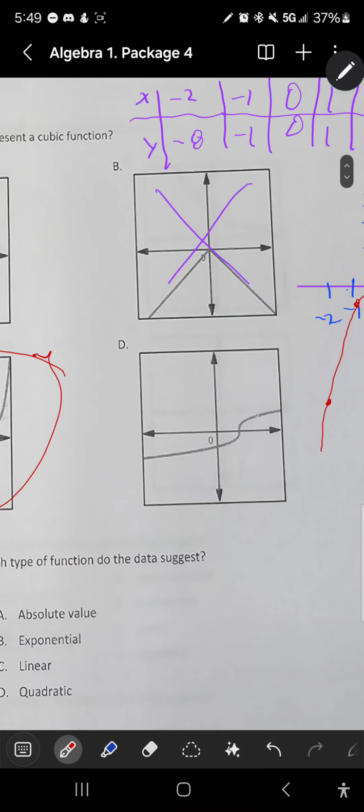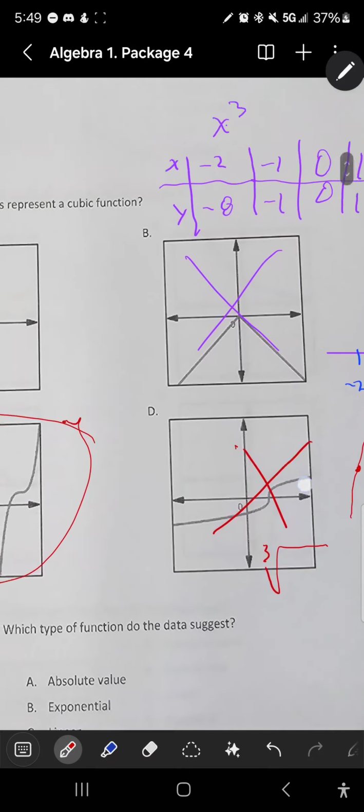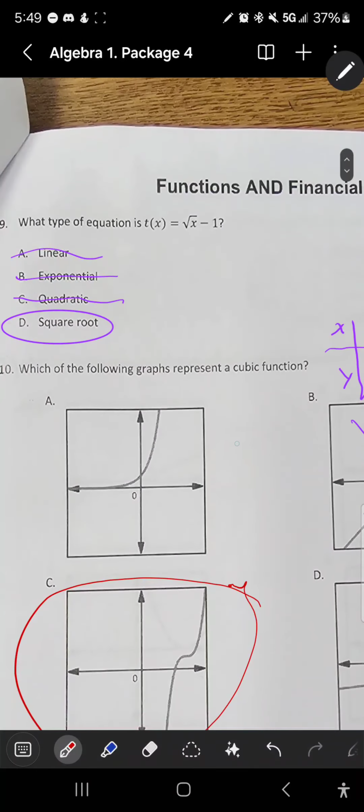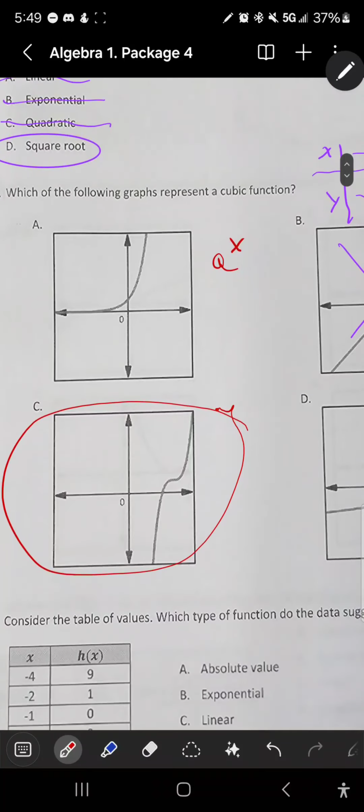And if you want to know, this is a cubic square root, like this. And then this is an exponential, so 8 to the x.